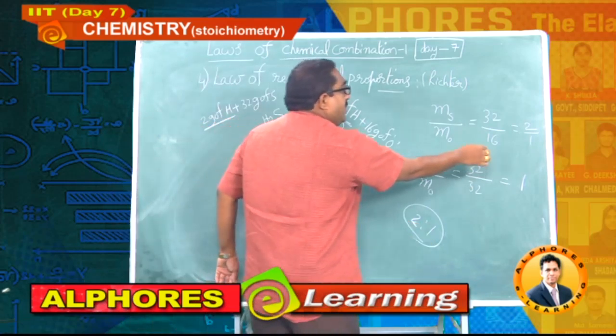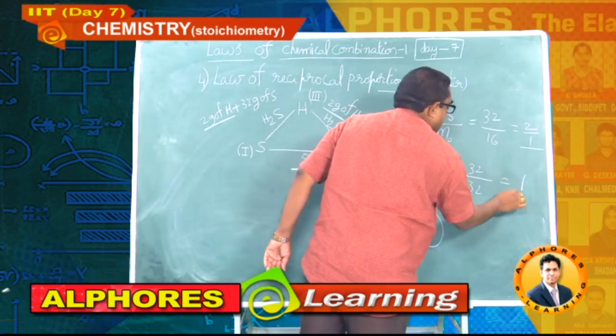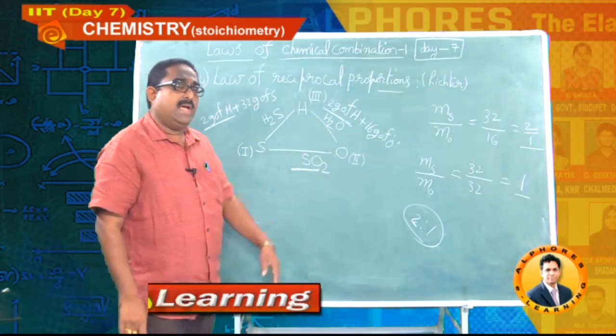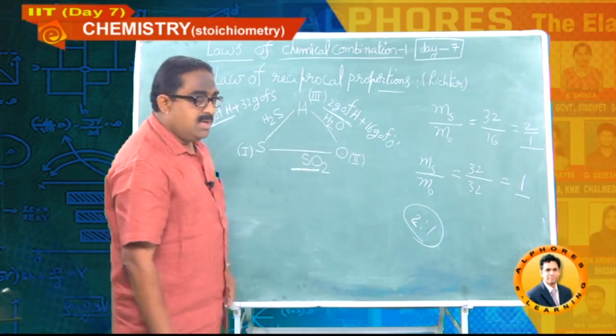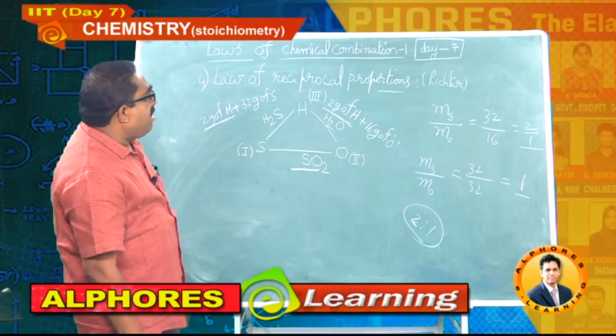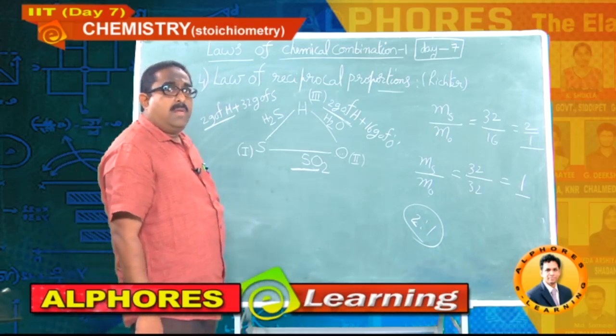So here first ratio I got it as 2:1, second ratio 1:1. That's ratio of two ratios is 2:1. Again a simple ratio, that is detailed explanation of this law of reciprocal proportions.